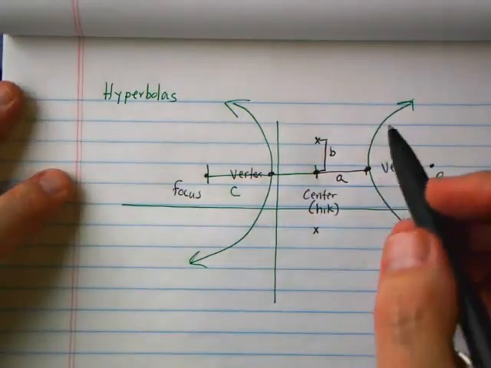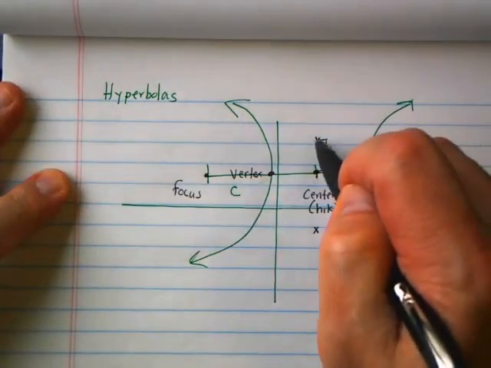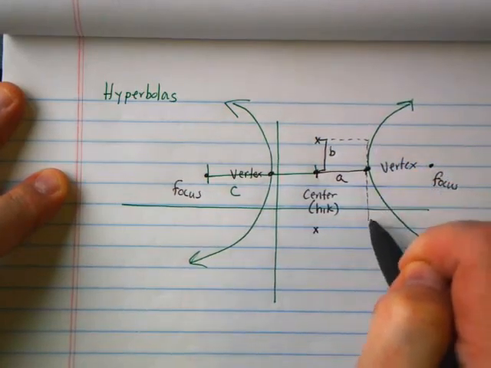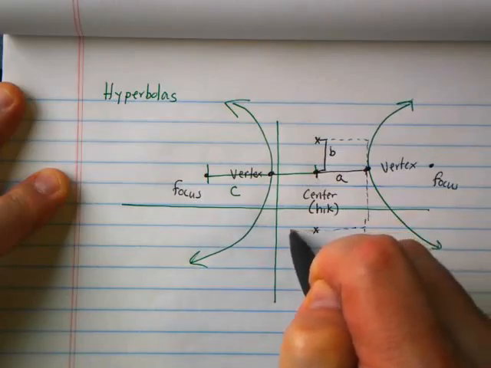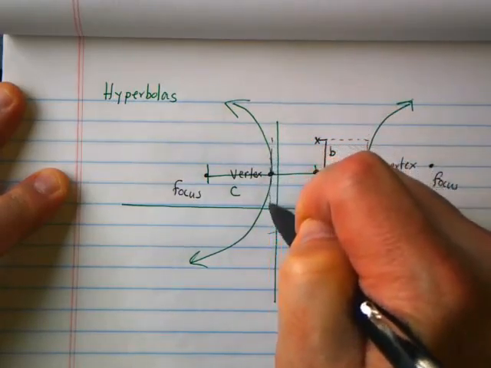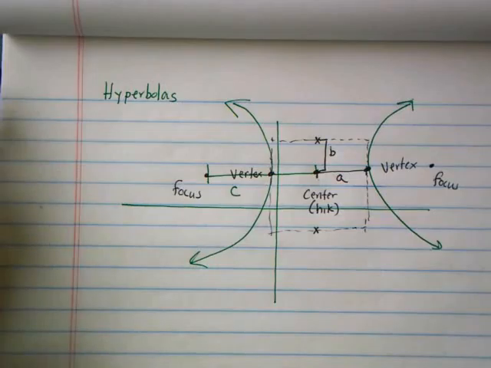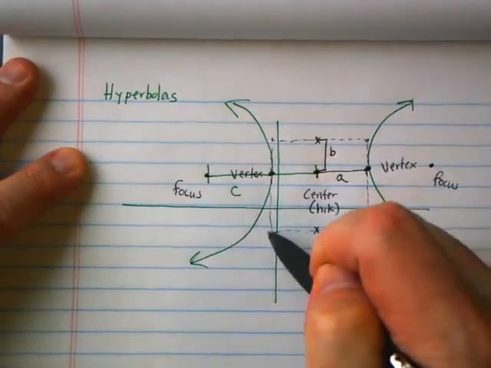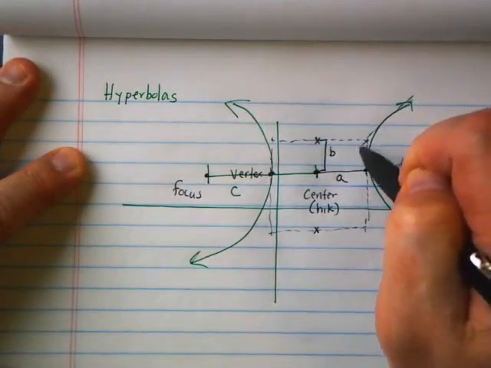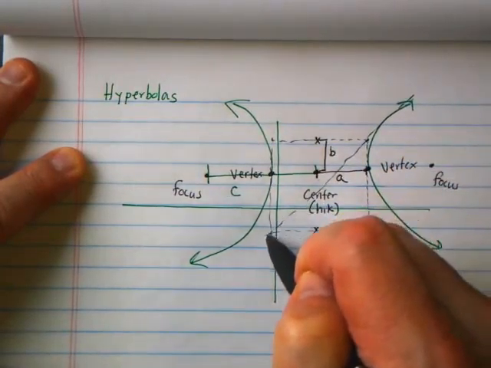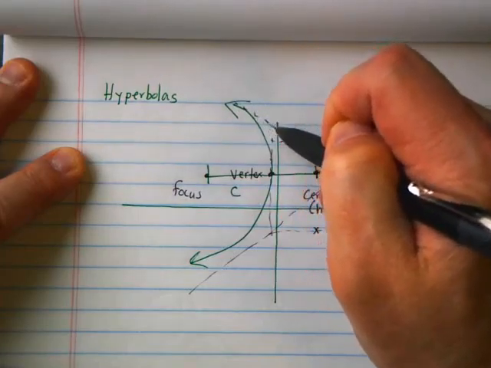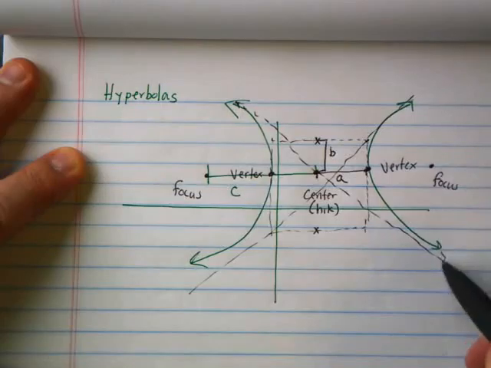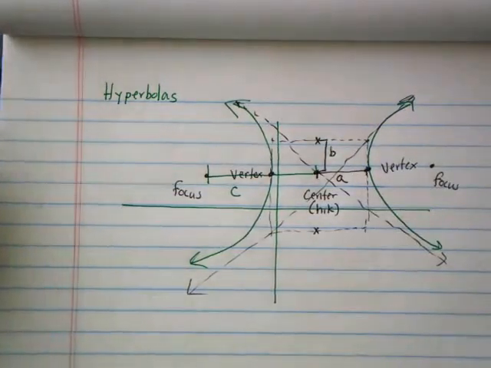If you draw this rectangle that goes through this point b and through the foci, you get a box. And if you go to the corners of these boxes, we get an asymptote of this graph. So hyperbolas have asymptotes.